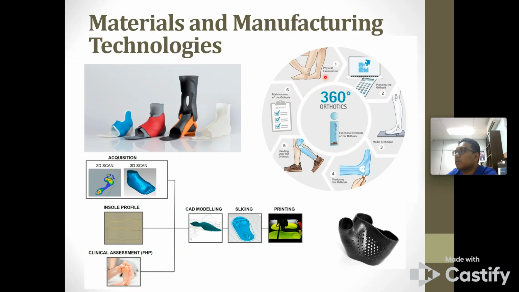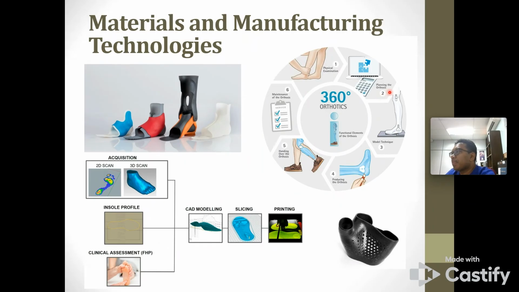First, of course, you need to do a physical examination. From that, the doctor may have some data points that can be provided to the engineer for planning the orthosis device design.